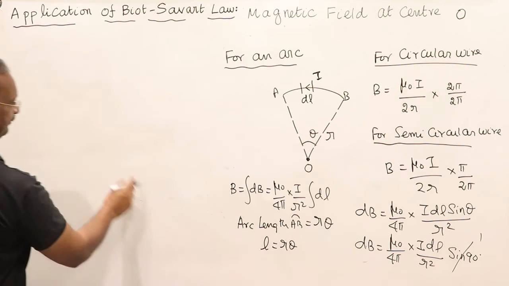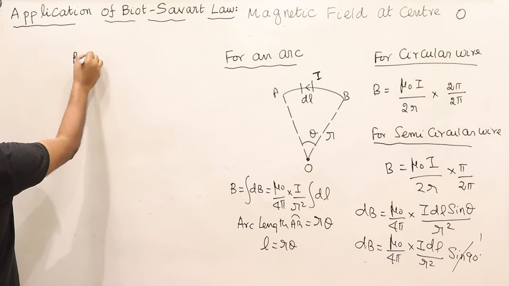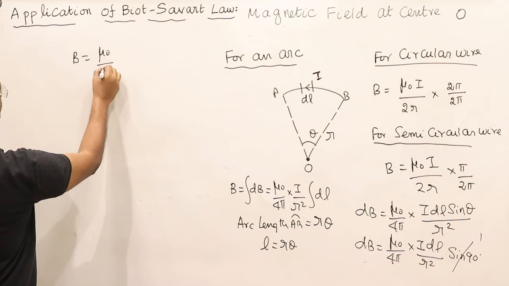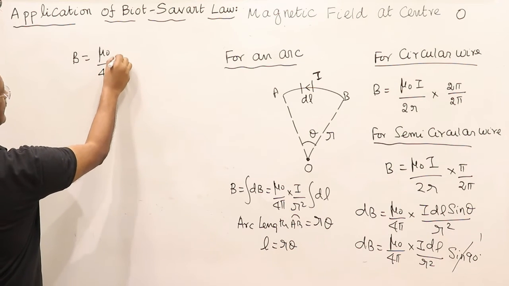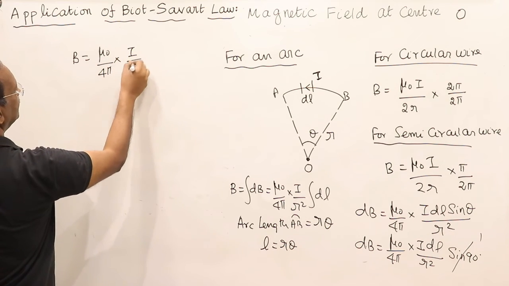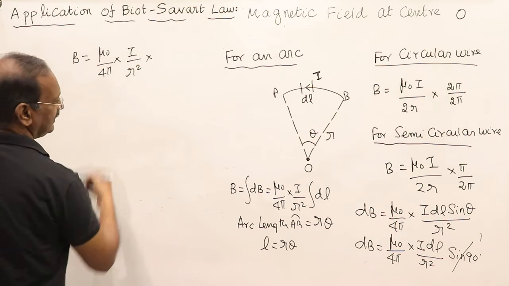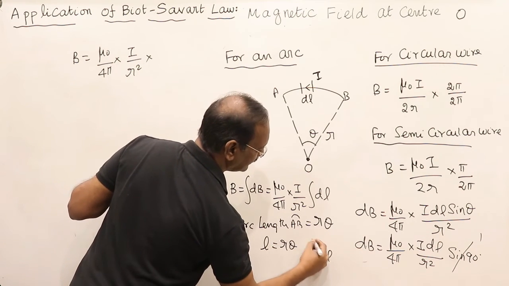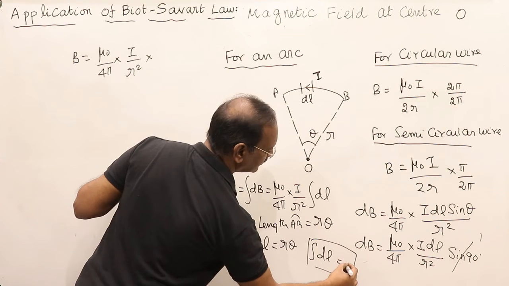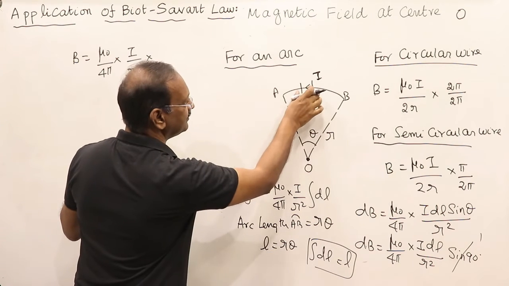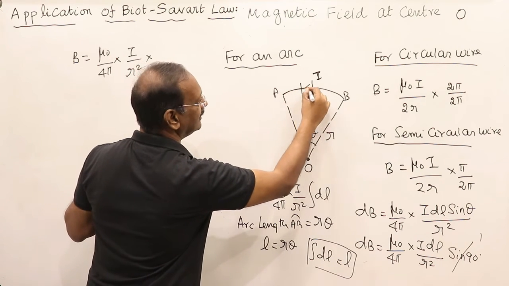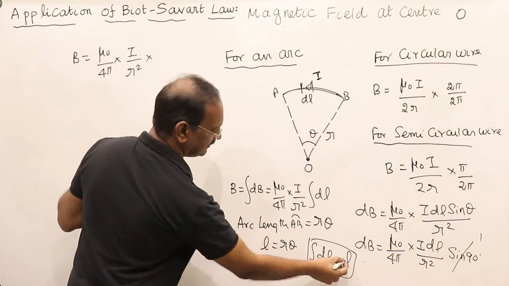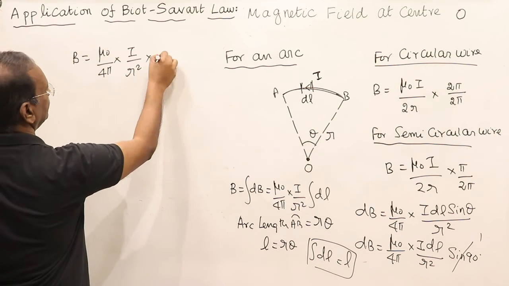So from here B is equal to mu naught by 4 pi into I divided by R square into integral of dl. Integral of dl is equal to the total arc length, which is equal to r theta.